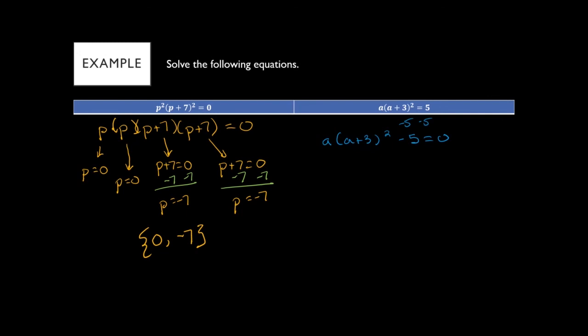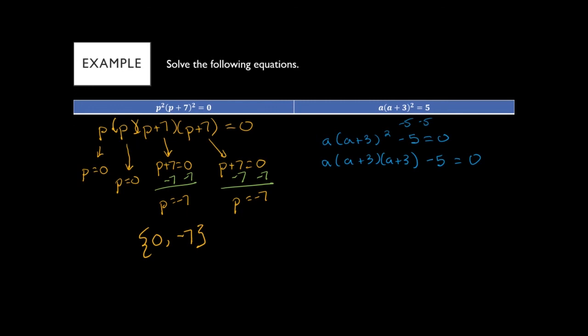So I need to multiply out the (a plus 3) squared. If it helps, you can write that twice. So we've got a times (a plus 3) times (a plus 3), then we've got this minus 5. We're going to start multiplying this out.